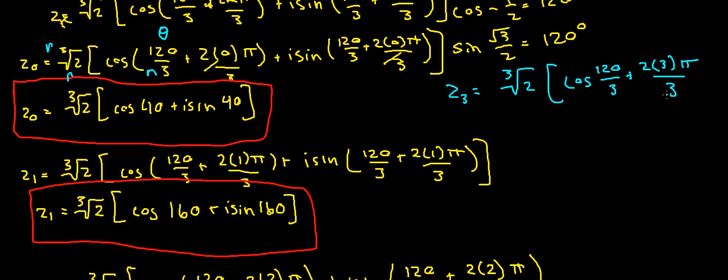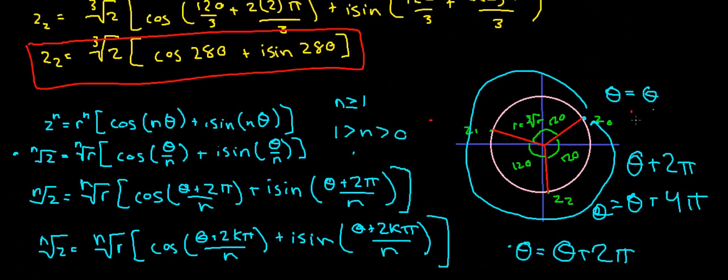I'm not even going to do the other half. These are going to cancel out, and I'm going to have cosine of 40 plus 2 pi, which is 360, so cosine of 400 degrees.